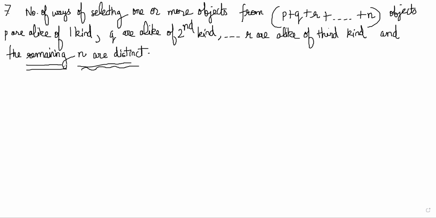So if there are p things, the number of ways of selecting 0 or more out of p identical things will be p plus 1, right? The number of ways of doing 0 or more from here would be q plus 1, and this will be r plus 1.